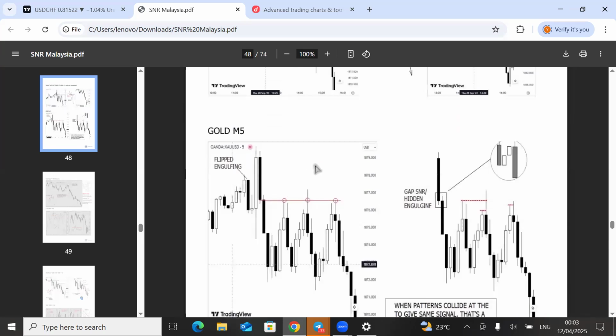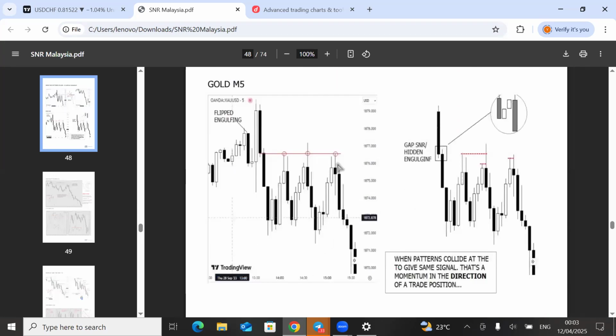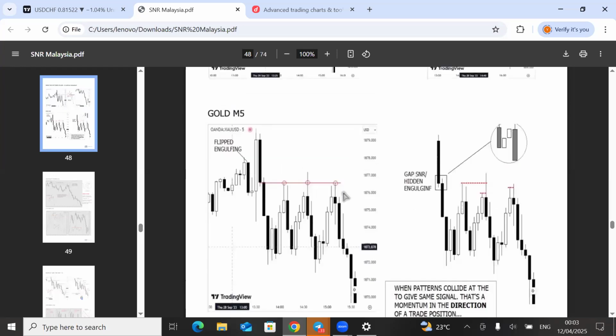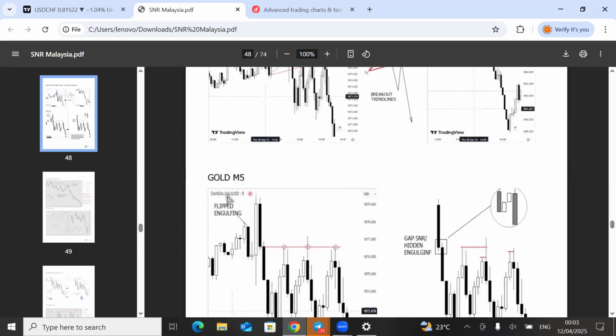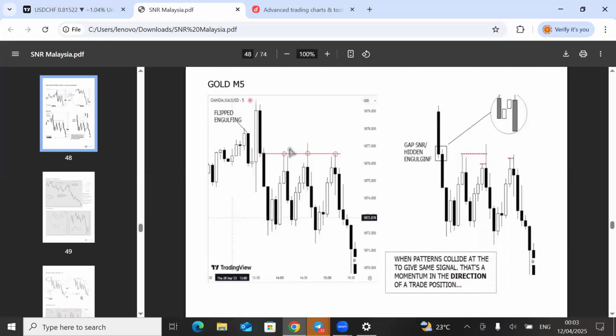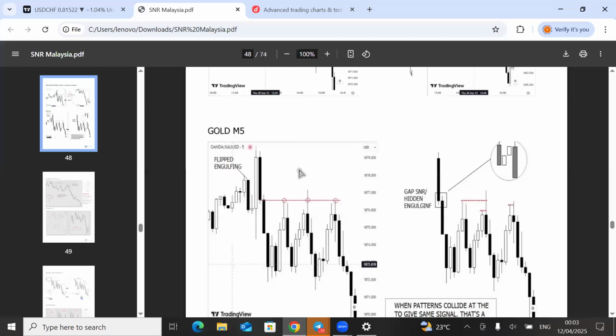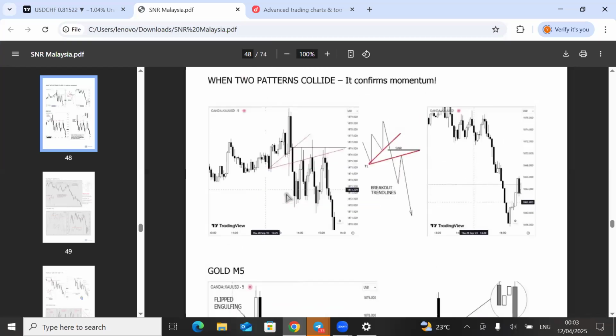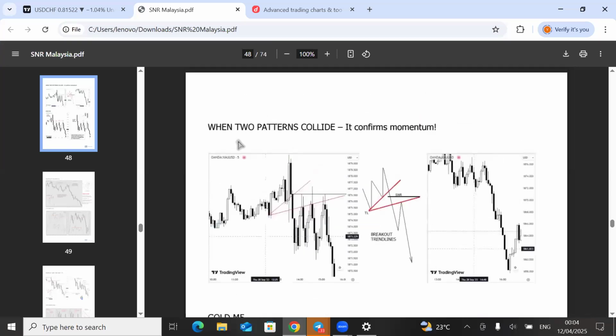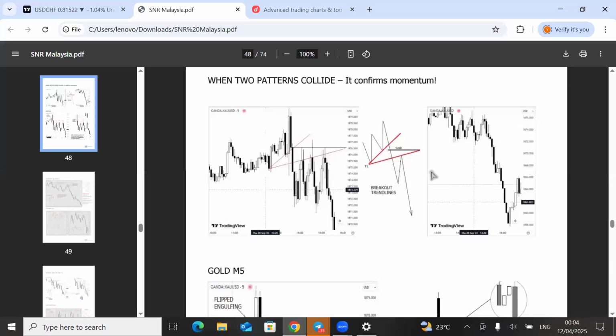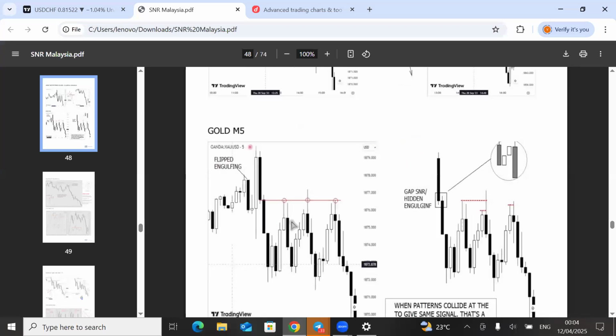Yeah, this one is actually valid, but you always want to see your key levels there. You want to see your storylines. That's why you see this one is on the M15. This was just for entries, and this is mostly a trend line. I think this is a trend line. This is not a key level. This should be a trend line. The two patterns collide, confirming some momentum. This is for trend lines.